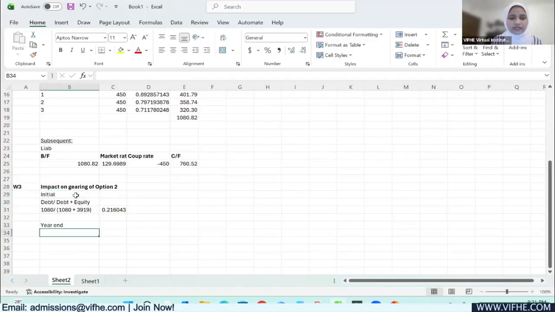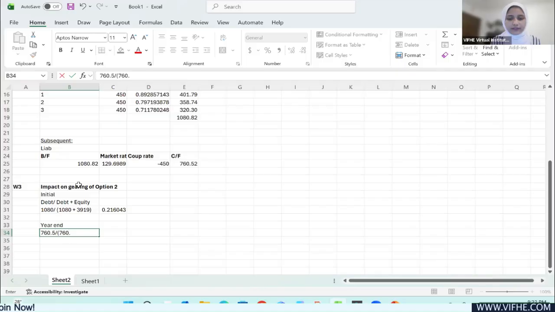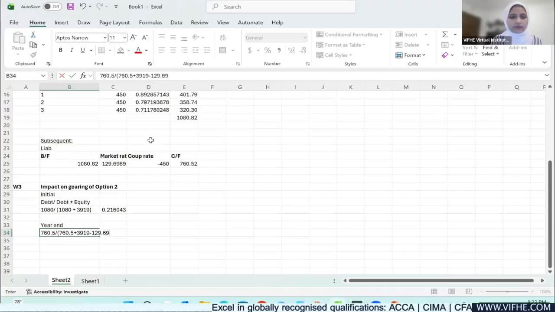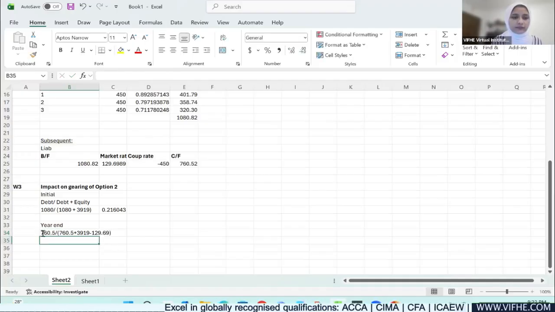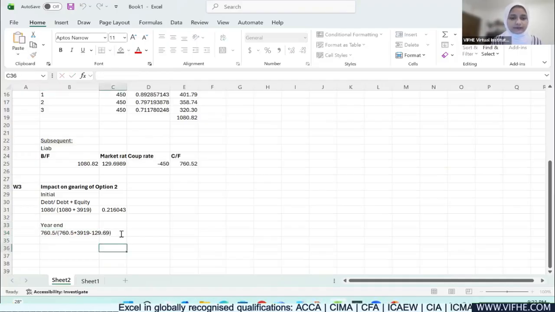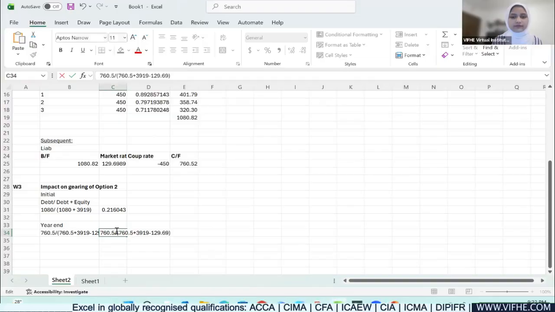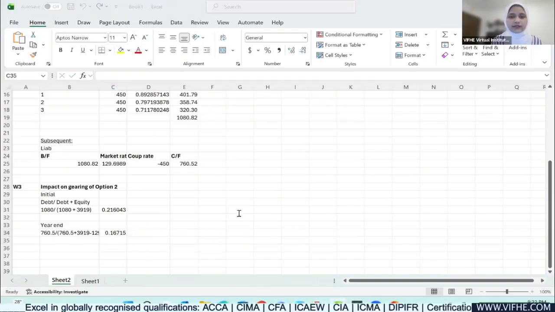So year-end measurement will become 760.5 divided by 760.5 plus 3919. But I will have this interest which will drop my retained earnings, so I will write negative, dropping by 129.69. So this will lead to an even reduced gearing by year-end: 16.7%.